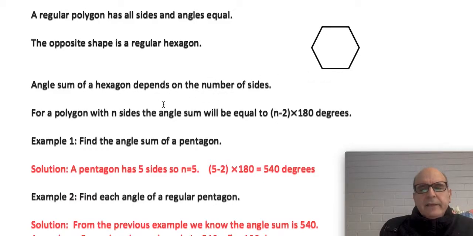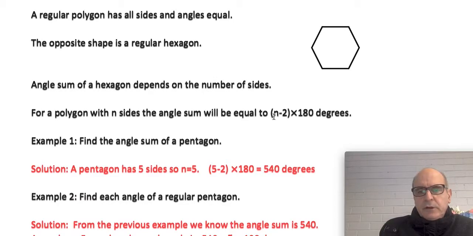Now, if they tell me the number of angles or the number of sides of a polygon, I will be able to find the sum of all angles inside the polygon. And that will be equal to the number of sides take away 2, times 180.